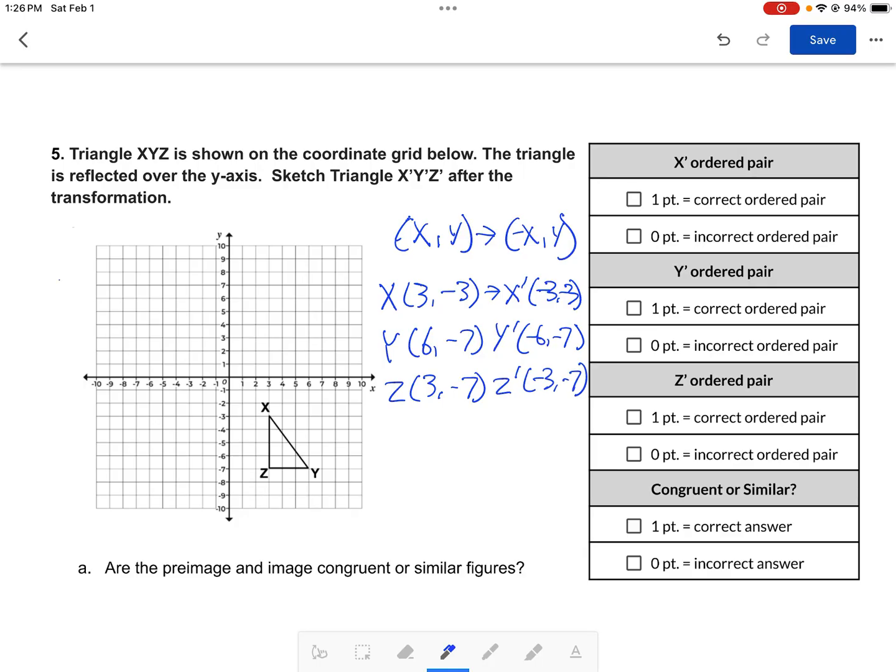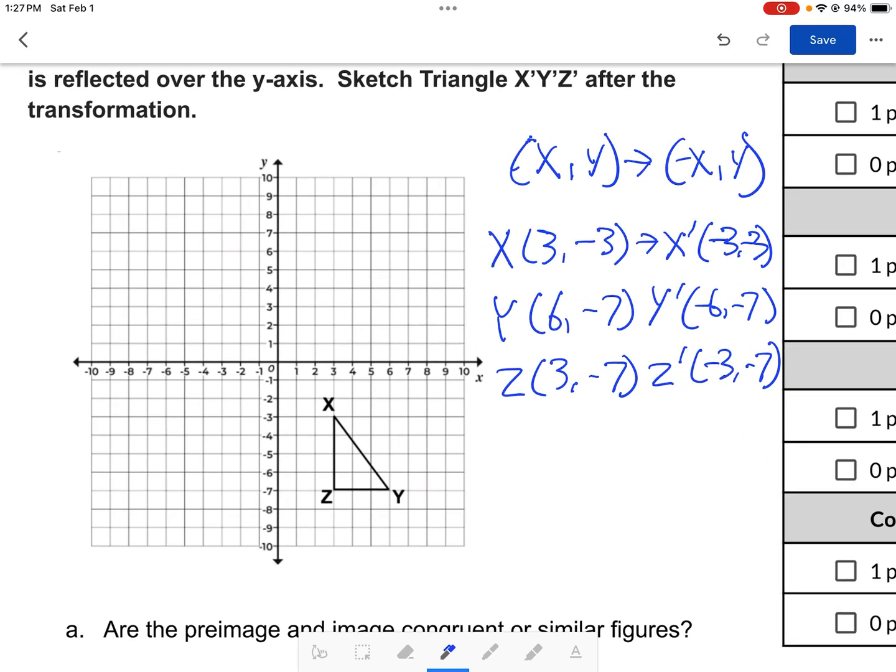So when I go to plot these, I'm going to go -3, -3. -6, -7. Then +3, -7. Oh, sorry. Mr. Wood's bad.